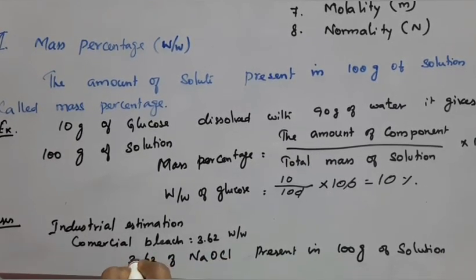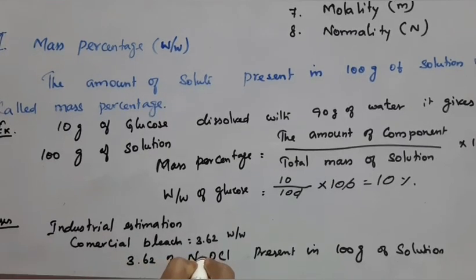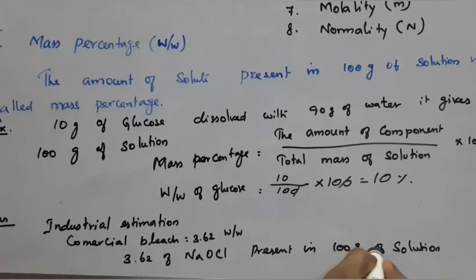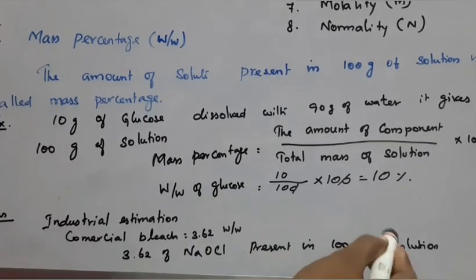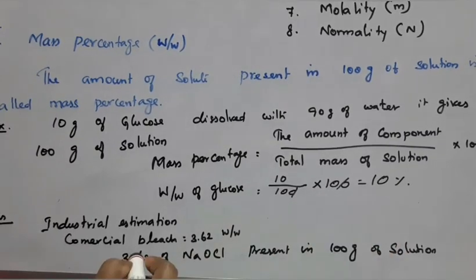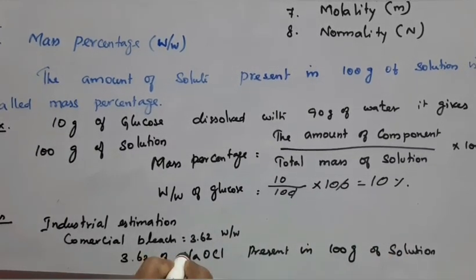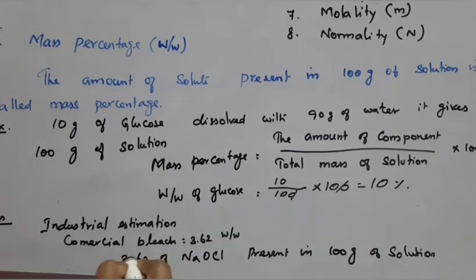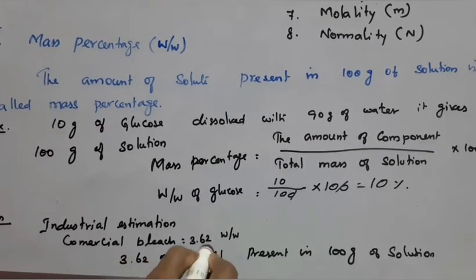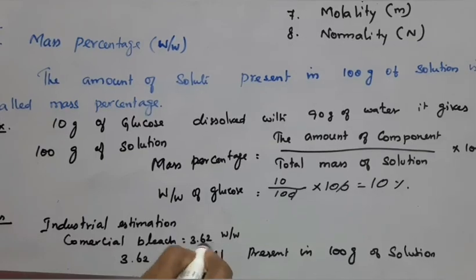So 3.62 gram of NaOCl, sodium hypochlorite, is present in 100 gram of solution. This is one important question as well as a 1 mark question. Keep it in mind.